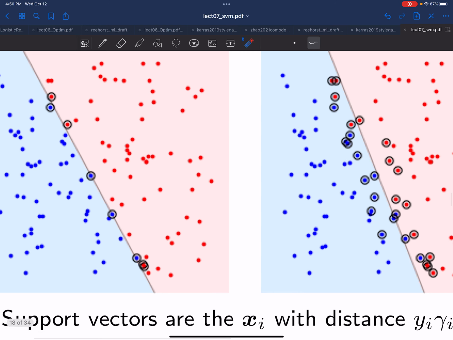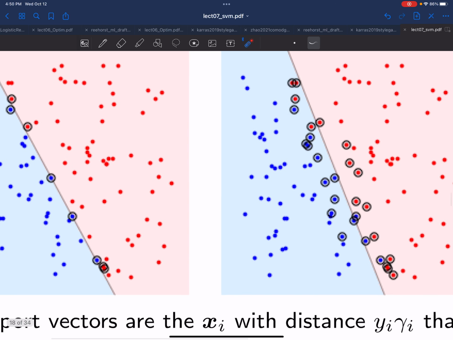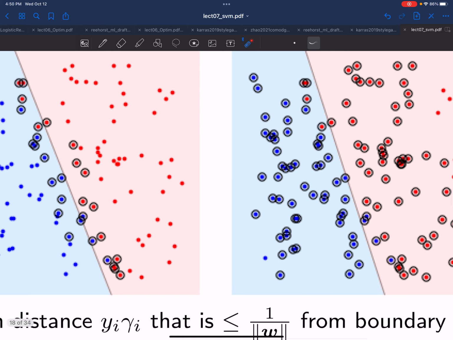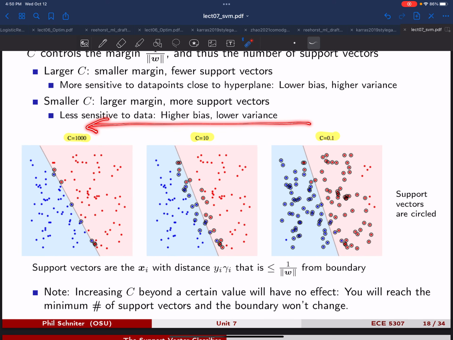On the other hand, in the next picture, you can see that all of a sudden these red samples are being misclassified and these blue ones are being misclassified. And so our bias is growing. And so what's happening is that boundary is tilting right. And over here, there's even more that are misclassified. So variance is decreasing to the left. Bias is increasing to the right.